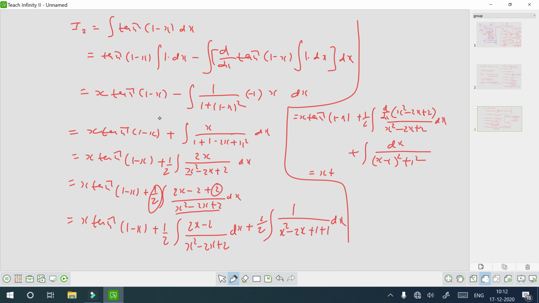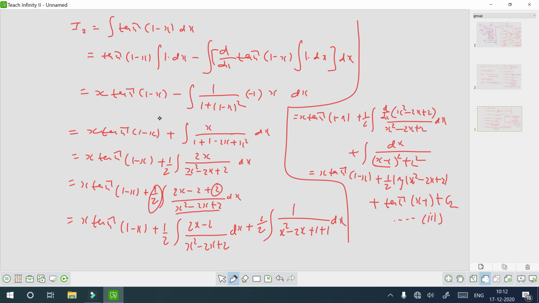That is equal to x tan inverse 1 minus x plus 1 by 2 log mod x square minus 2x plus 2 plus tan inverse of x minus 1 plus c2. Result number 3. Why this tan inverse? Because of the formula for variable square plus constant square.